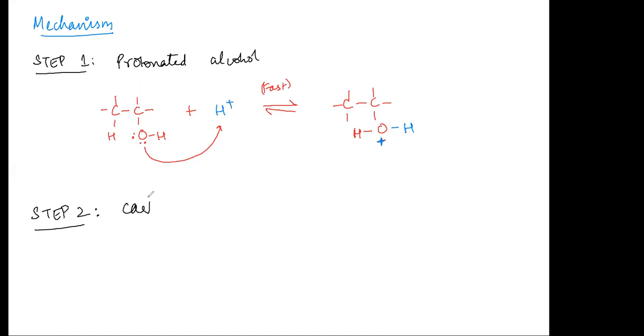So then a carbocation is formed. So where is the carbocation formed from? So you have CC, oxygen is there, its original hydrogen is there, and you have the added hydrogen. Then because it's got a plus charge, it's going to attract these electrons towards itself.